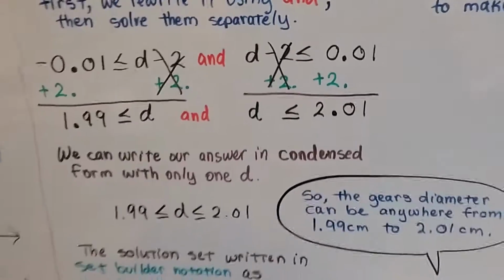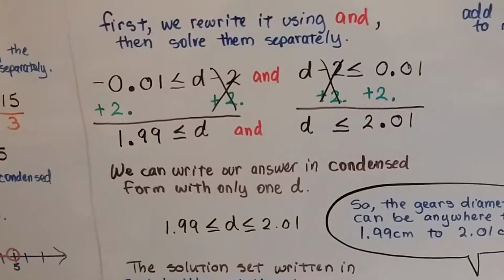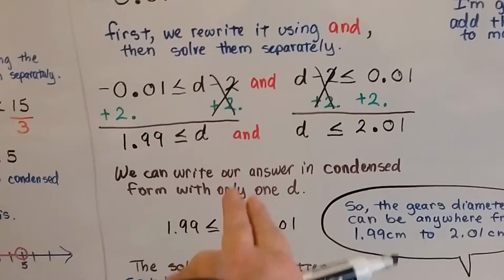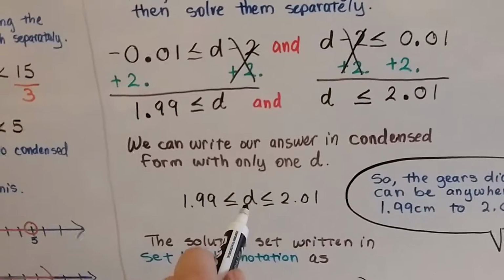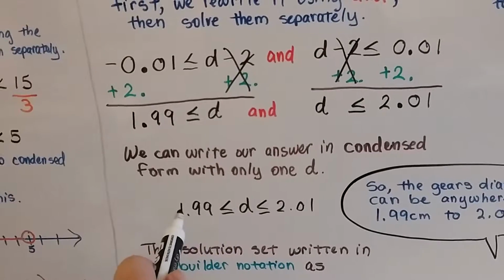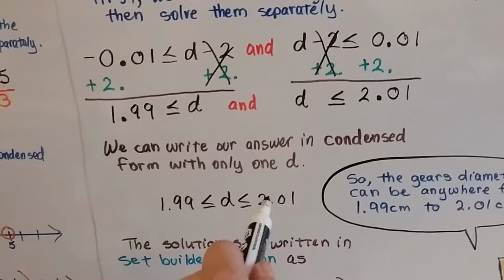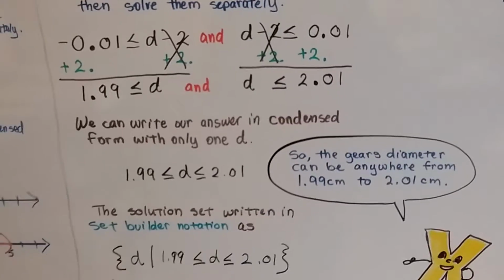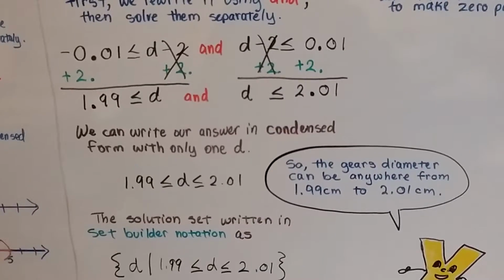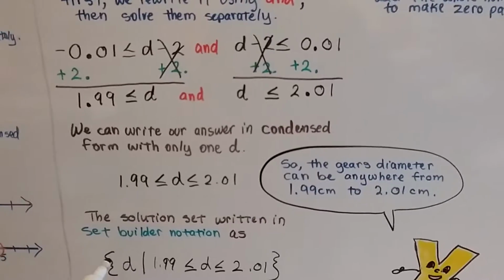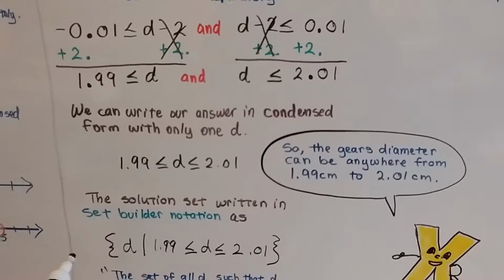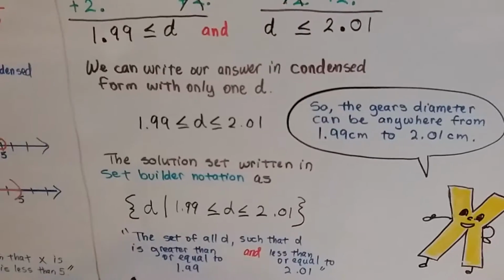Now we can rewrite our answer in the condensed form with only one d. Take these 2 d's and condense it into 1 and take the word and out. And we've got d is greater than or equal to 1.99, or d is less than or equal to 2.01. So the gear's diameters can be anywhere from 1.99 centimeters to 2.01 centimeters, and they'll fit whatever they're supposed to go into. Okay? That's a big difference, isn't it?